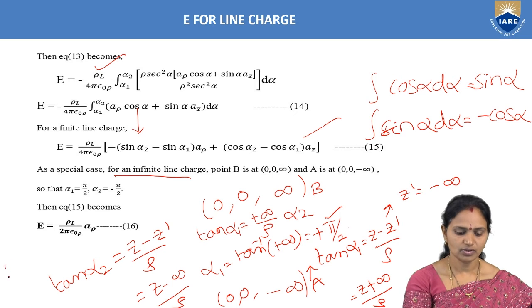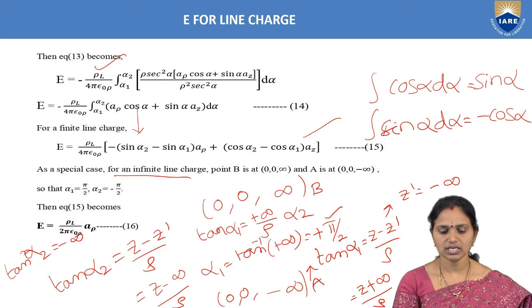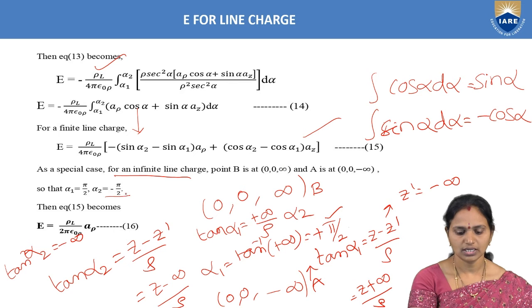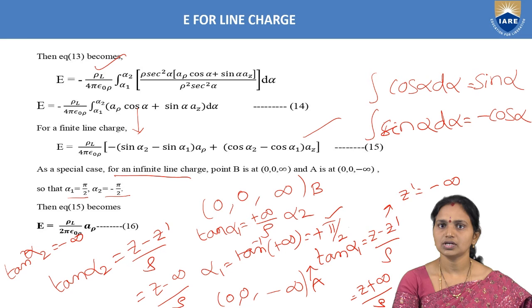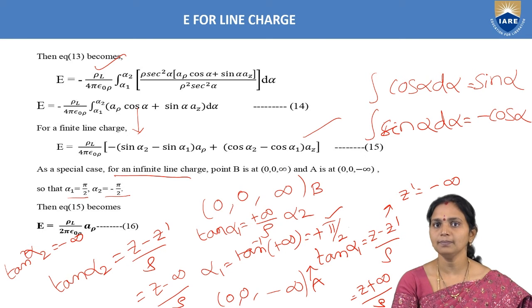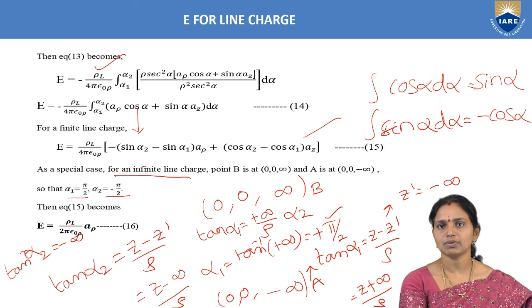So tan alpha 2 equals minus infinite. Then alpha 2 is tan inverse of minus infinite, which is minus pi by 2. In that way, we can calculate both alpha 1 and alpha 2 as the points are shifted to minus infinite and plus infinite. The corresponding angles are pi by 2 and minus pi by 2.